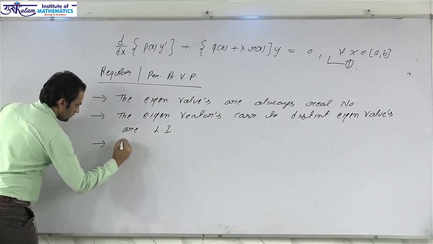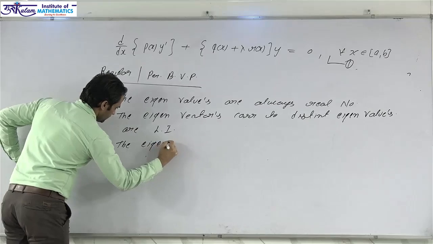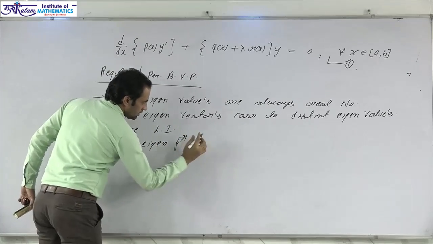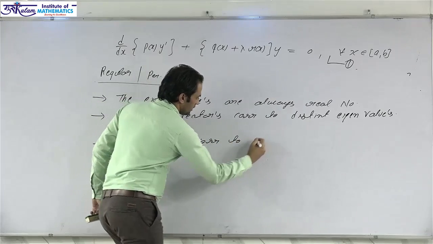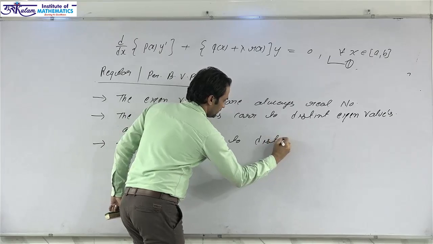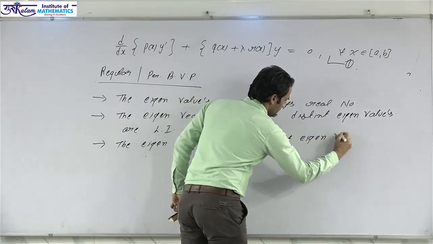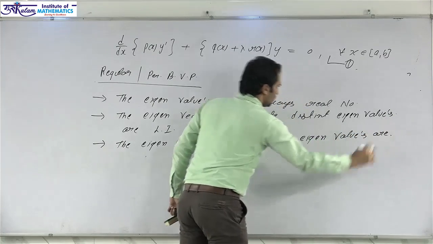Third property is, the eigenfunctions or eigenvectors corresponding to distinct eigenvalues are orthogonal.